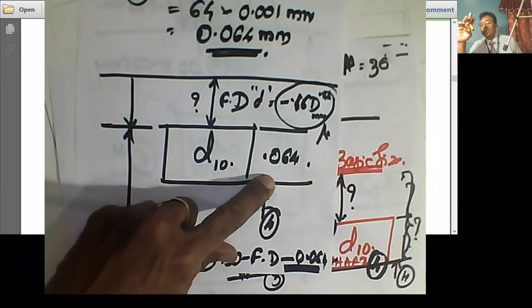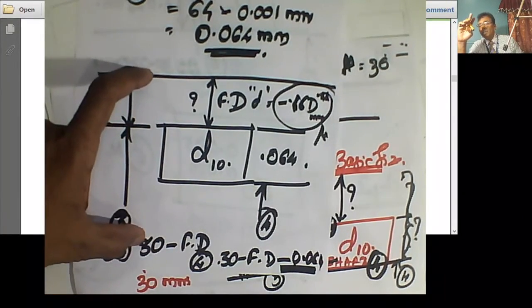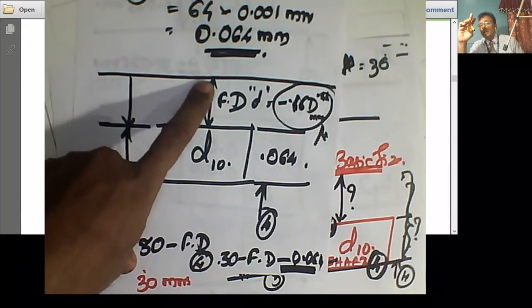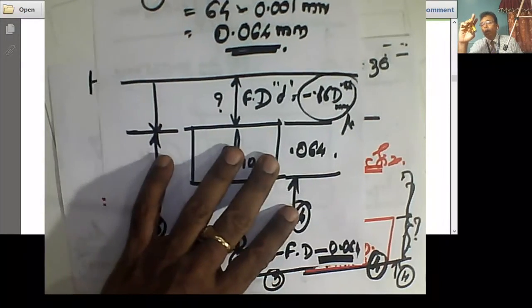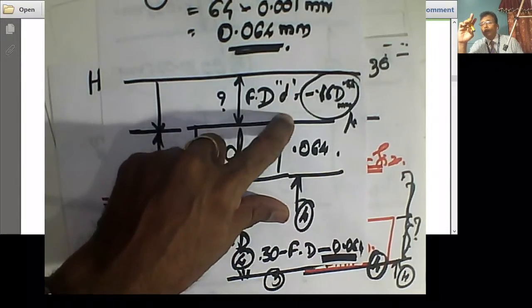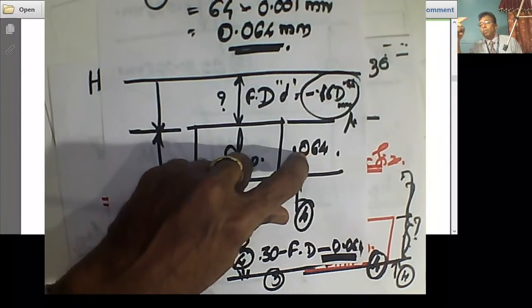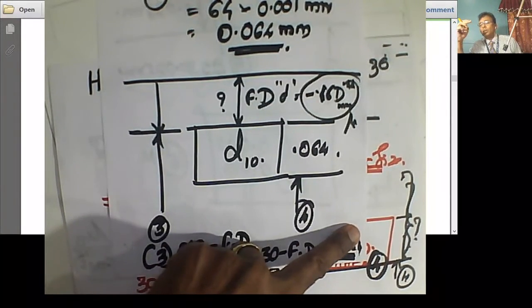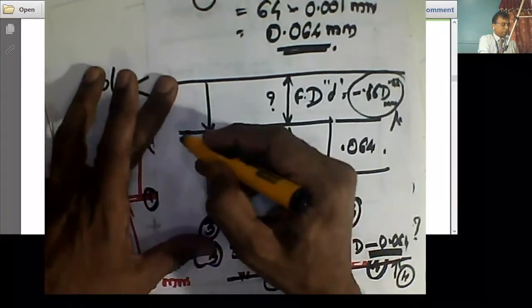Next, the minimum size of the shaft. Maximum size of the shaft is nothing but 30 minus FD. Next, this value is nothing but 30 minus FD minus 0.064. You find out how much is the value. All the four values are got, and you get straight away 12 out of 12.